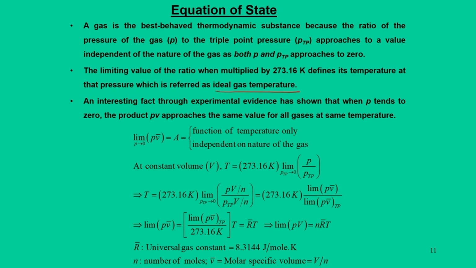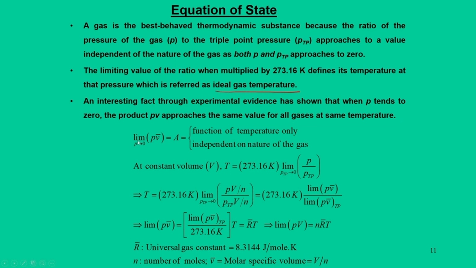We have been using this term most frequently starting from the second law of thermodynamics, and to some extent the third law, when the temperature reaches absolute zero. Under those circumstances an interesting phenomenon happens, and it is experimental evidence that when P tends to 0, the product PV approaches the same value for all gases at the same temperature.